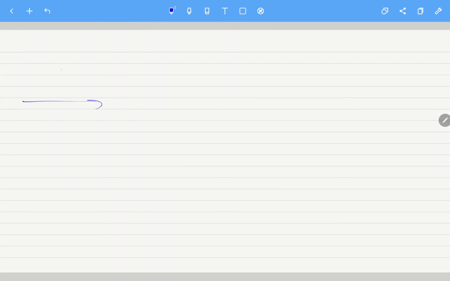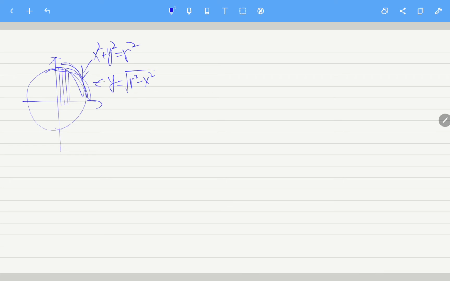If you need to find the area of a circle, x squared plus y squared equals r squared, and for this part y equals the square root of r squared minus x squared. So it is like you try to separate this circle using the Cartesian coordinate.